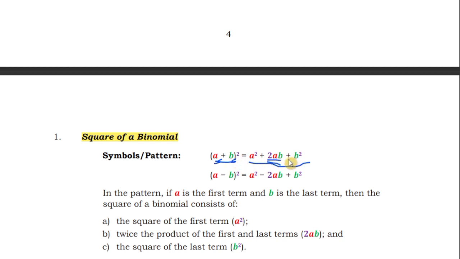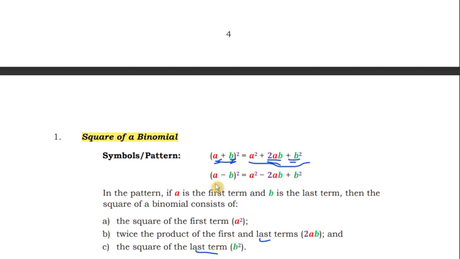Then to get the third term, we square the second term of the binomial expression. We have the square of the first term, then twice the product of the first and the last term, or the second term, then the square of the last term, or the square of the second term.